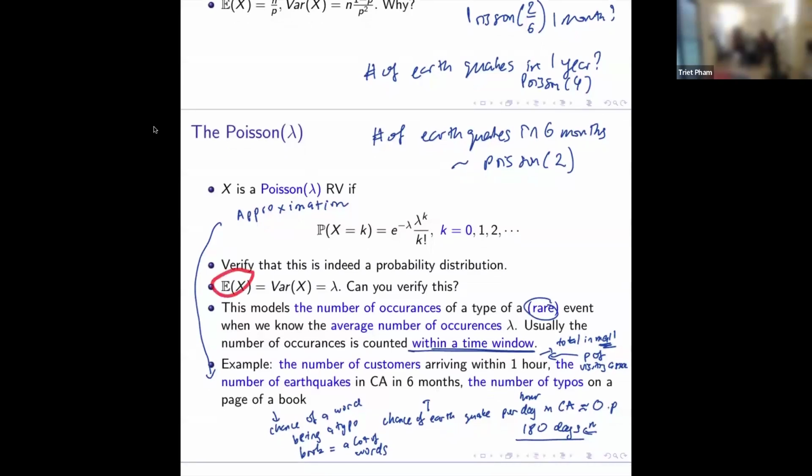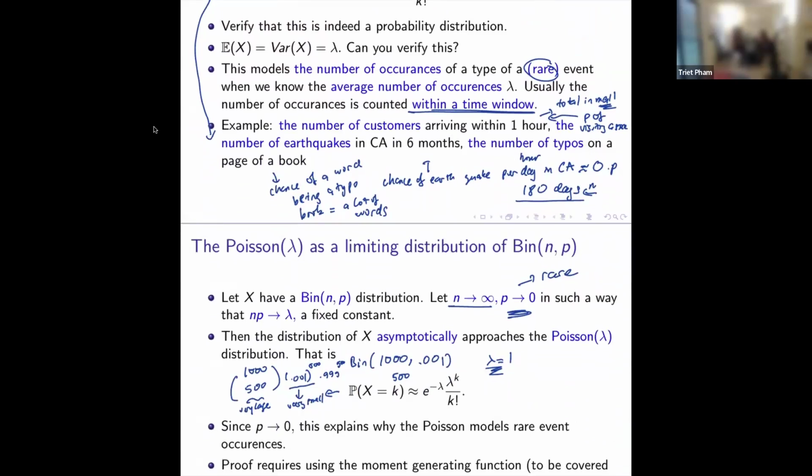So that explains this. What about the variance? Well, the variance requires a harder calculation. But here is a way to explain it using the approximation. Notice for a binomial(n, p), the expectation is np, and the variance is np(1 minus p).